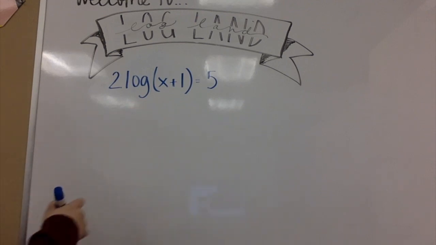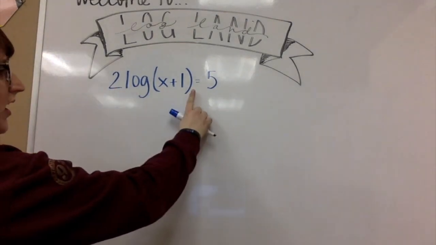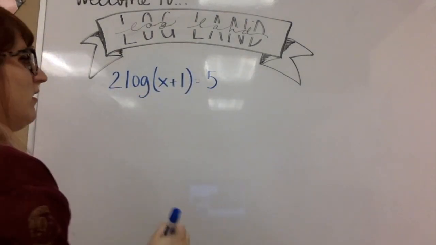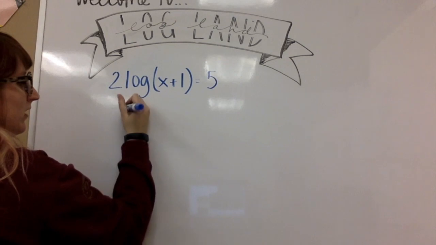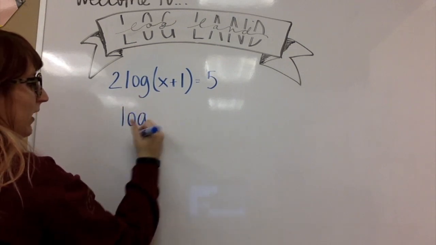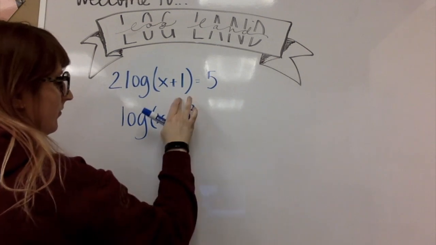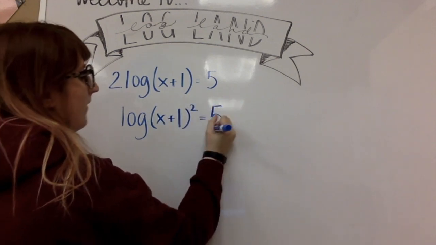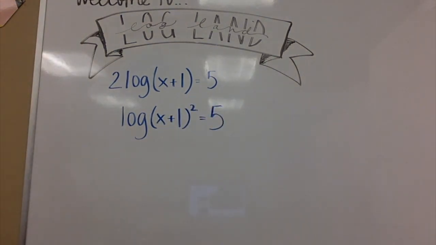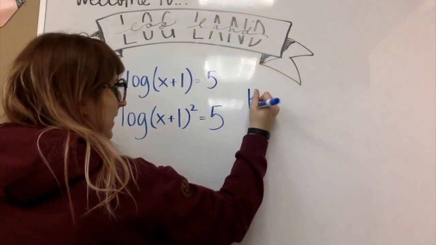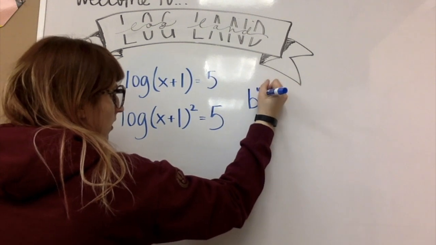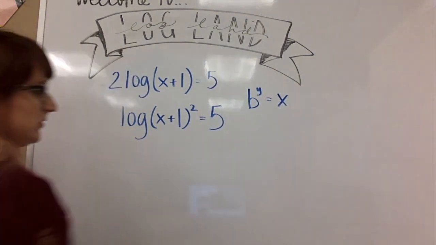So I'm going to start by bringing this 2 up in front of this x plus 1, essentially rewriting this power. Now, if you remember, with our exponential equations, our base to the y equaled our x, right?